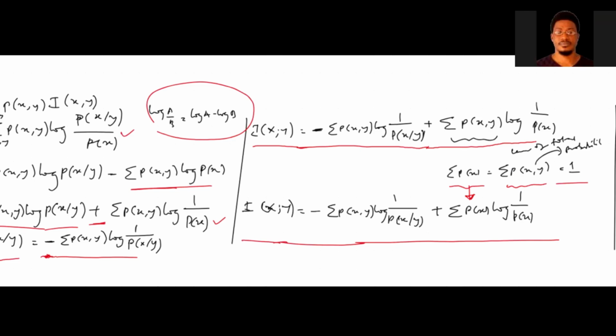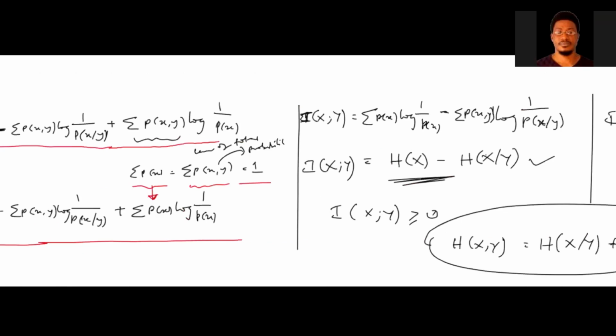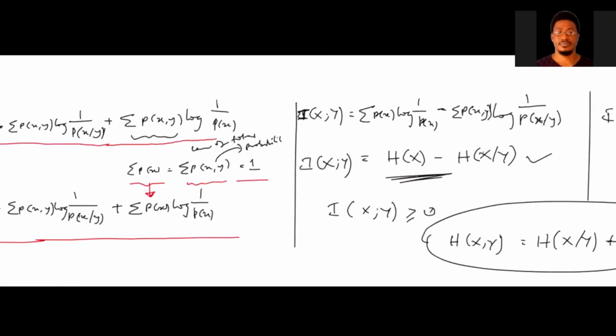Now we can replace this mutual information to be the same as negative sigma P of X, Y log 1 over P of X given Y, plus sigma P of X log 1 over P of X.